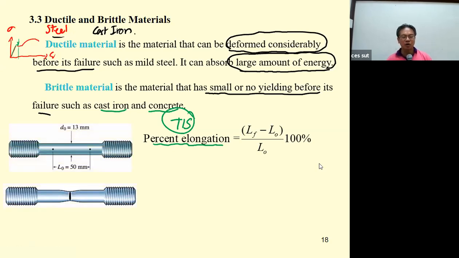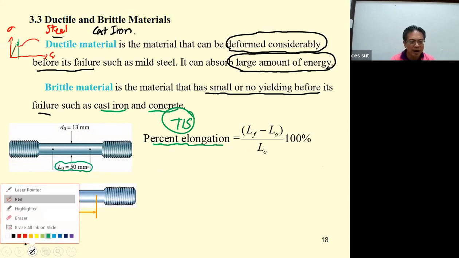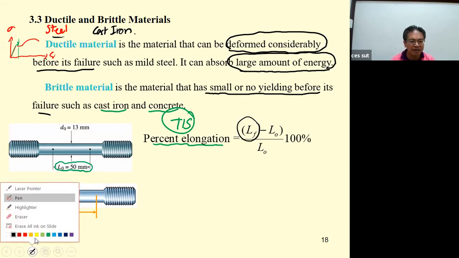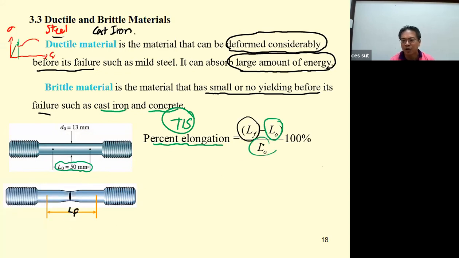When you test the specimen, before the start you have the length L sub O, and then when you test it until it fails, you have the length L sub F. You take L sub F minus the original length, divided by the original length, and you get the percent elongation. Most of the time you will see steel has percent elongation larger than 20%, except high strength steel. The percent elongation may be less than 20%.